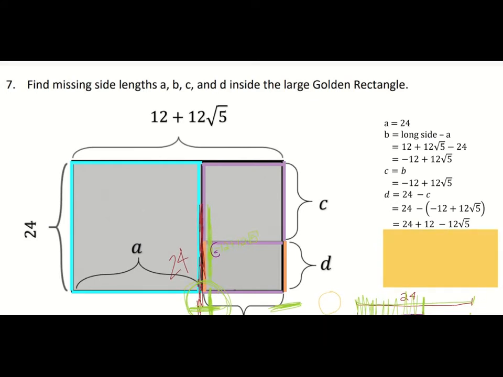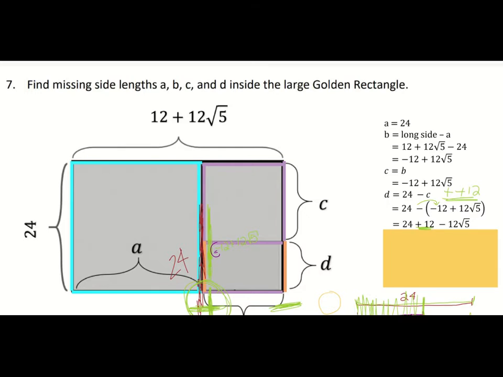Okay, so some of you might be wondering how this negative gets distributed. We're subtracting negative 12. Subtracting a negative is the same thing as adding a positive. So that's how this became positive 12 down here in the next step. It's not enough just to do it to the first term. We are subtracting both of these quantities.